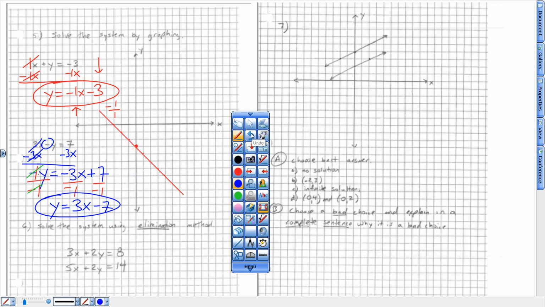So that positive and that negative 7, let's redo that. It's going to go 3 over 1. That's right 1, up 3. Right 1, up 3. So right from here, right 1, up 3. Right 1, up 3. That is my slope, 3 over 1. So here I go. Draw my line through them.